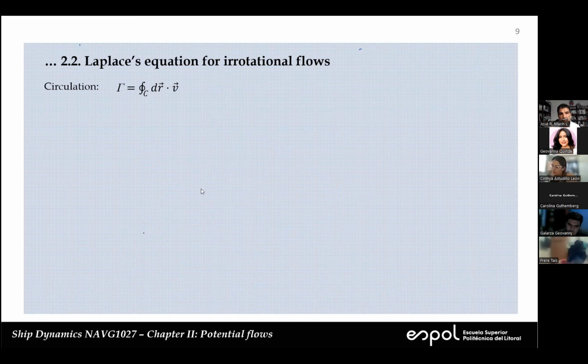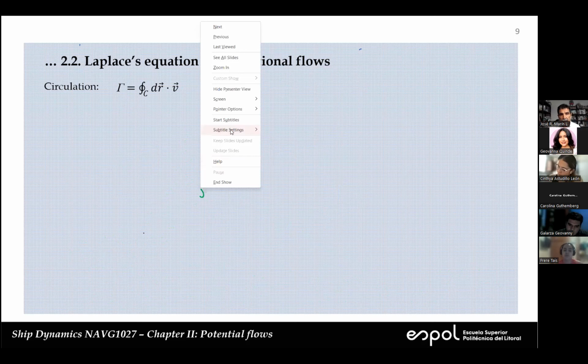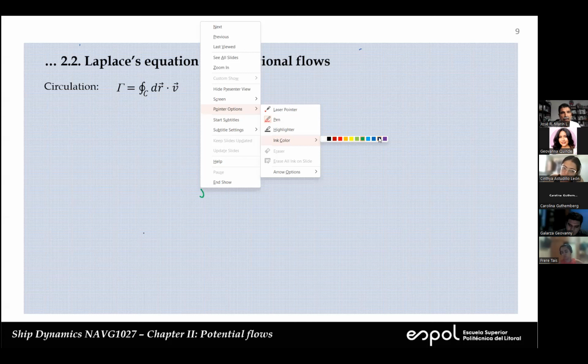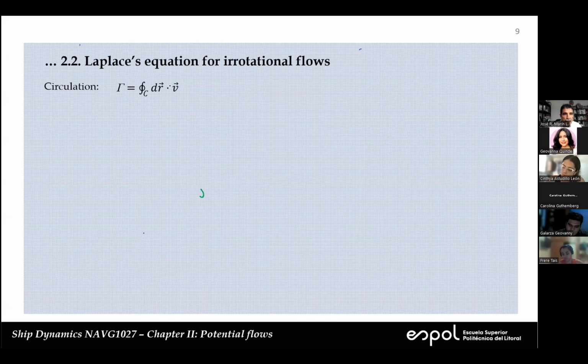As you can see, it is a scalar, so we have to be careful. This is a dot product. So this dr is a vector, and this is the velocity vector. And the product of those two, the result, is a scalar.